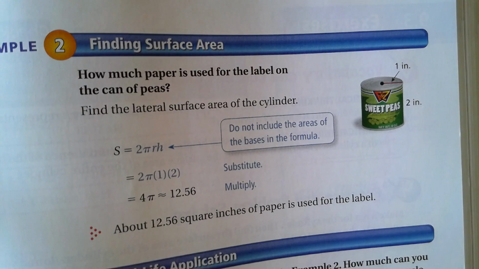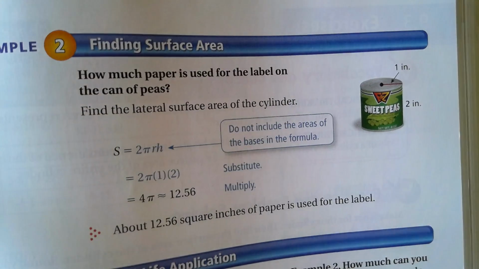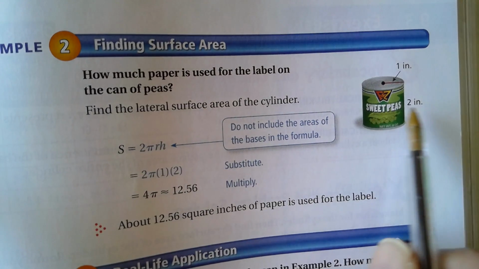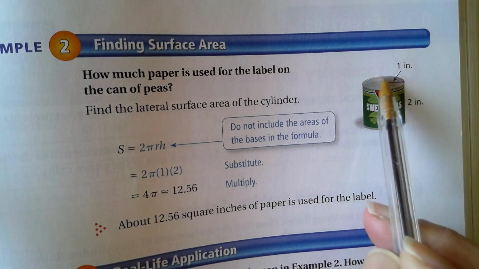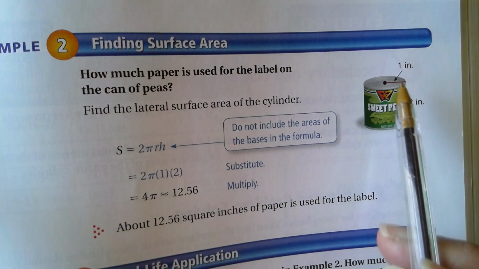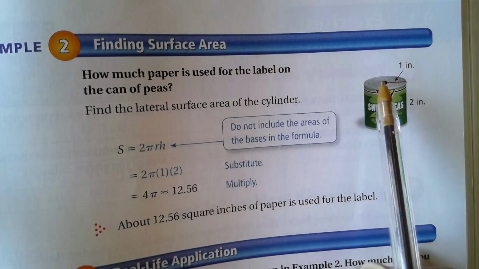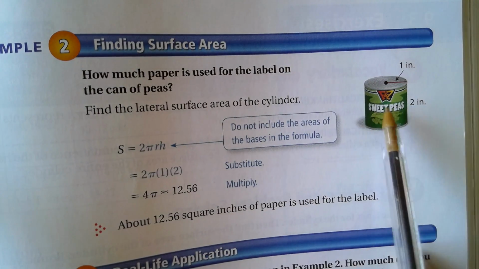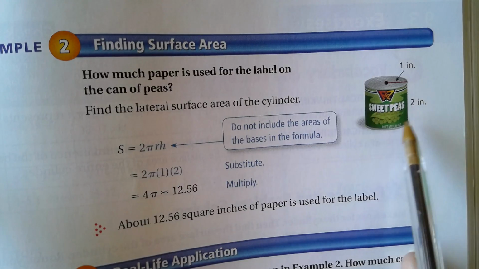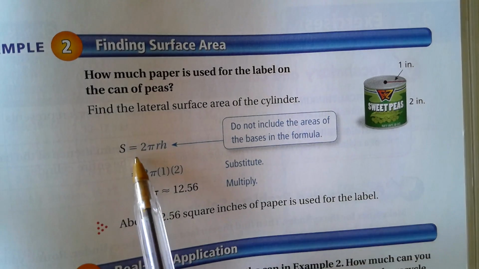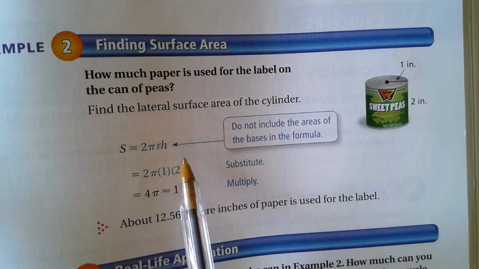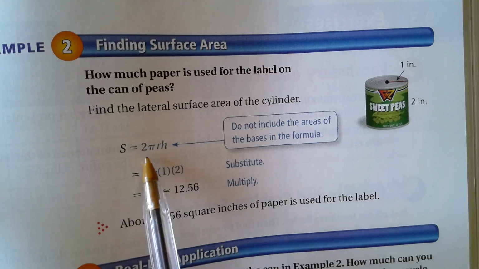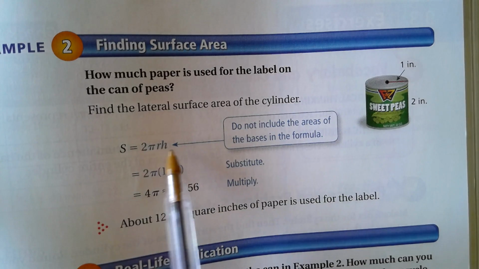So we're looking at the surface area of just the lateral surface. Going around here, we wouldn't look at the top or the bottom. We're not covering the two bases. We're just looking at this green label that says sweet peas on there. So the surface area of the lateral face is just here. All right, so 2 pi RH.